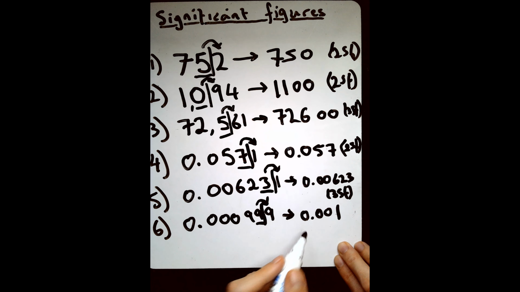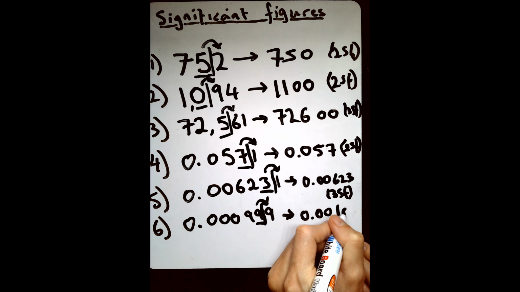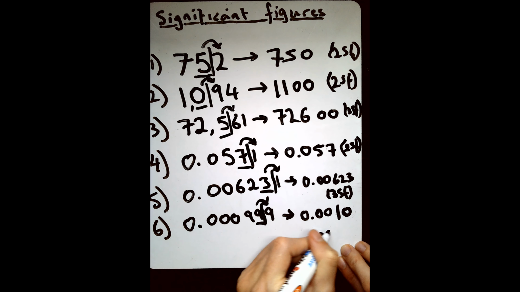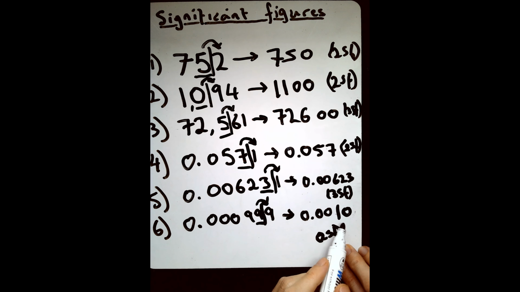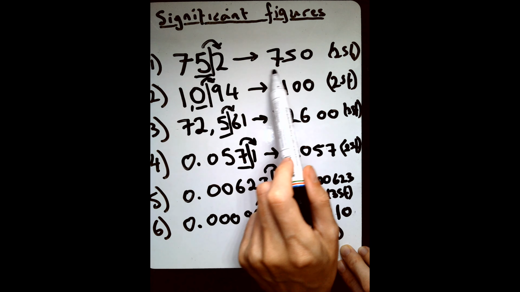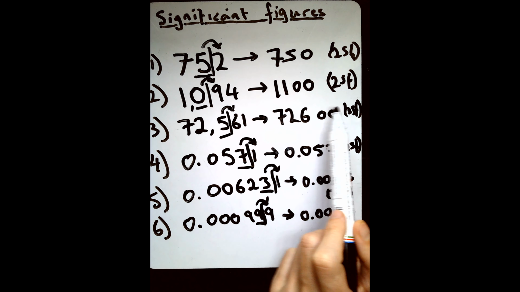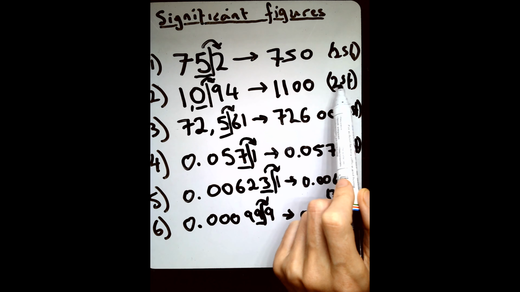What I would be tempted to do, because it is 2 significant figures, is put this 0 afterwards. Okay, so we can see that it has got 2 significant figures, the 1 and the 0. Even though it's not a placeholder, we don't have to write it technically. In the same way that if you look through all of these, number 1, 2 non-zero digits, 2 significant figures. Number 2, 2 non-zero digits, 2 significant figures.